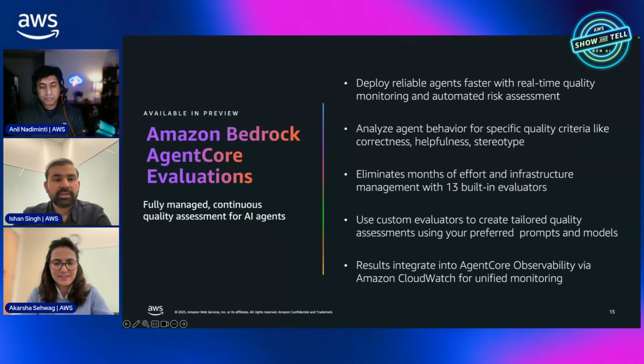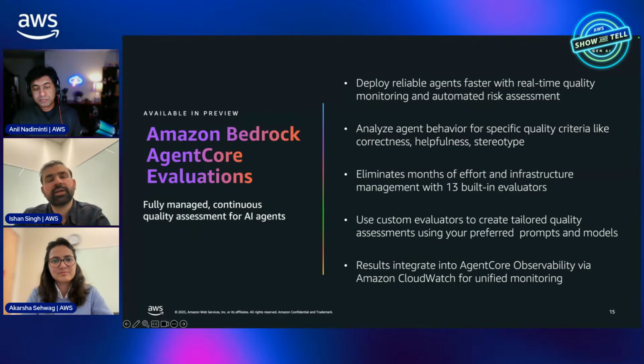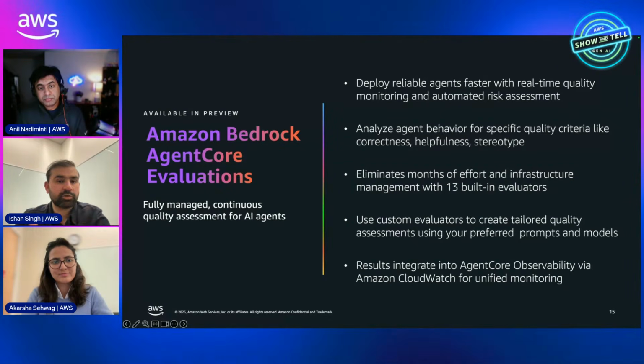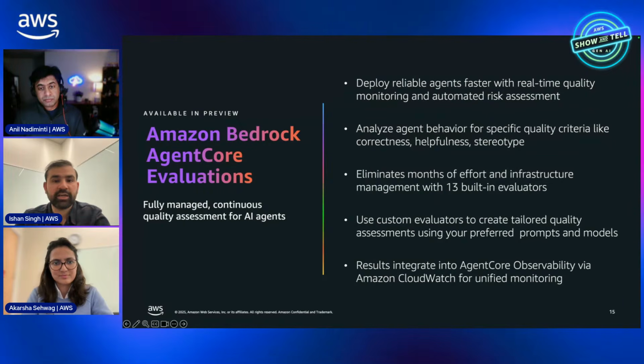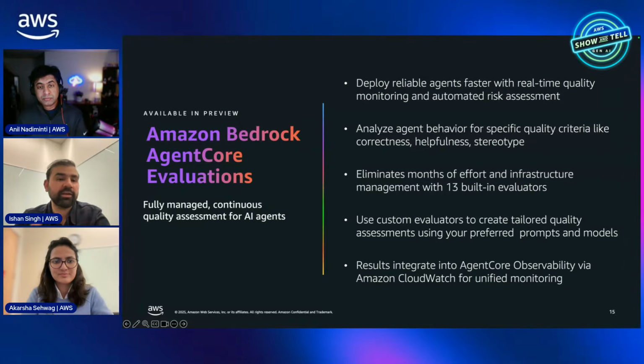So yeah, other than this, there are so many other features, but I'm going to focus more on how to get started with building agents and evaluating. You get a built-in dashboard ready to use. AgentCore evaluation is a part of AgentCore observability, so you get an integrated dashboard. You can look at your traces, but now also get scores for those traces exactly in the same place.